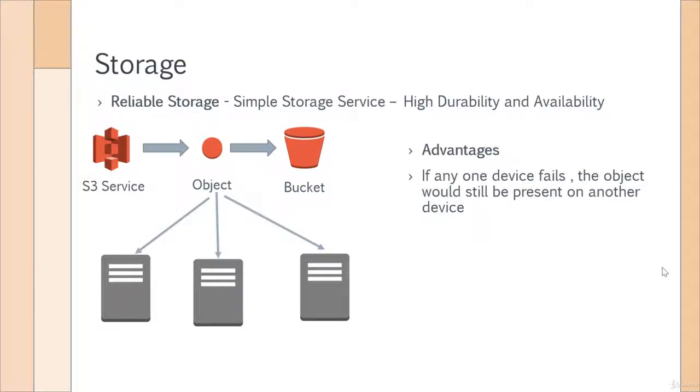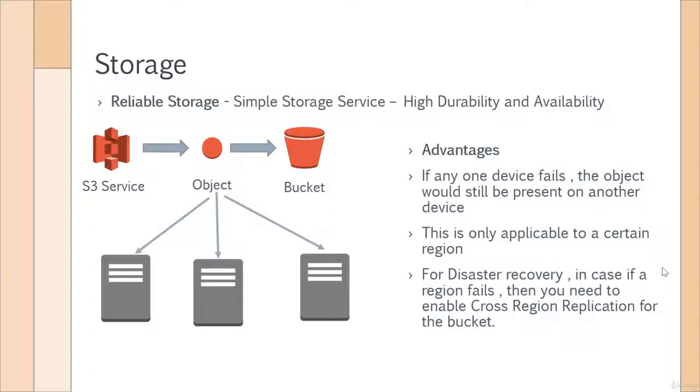So we've already looked at the advantages, wherein if one device fails, the object would still be present on another device. One key point to note here is that this replication is only available within a particular region.